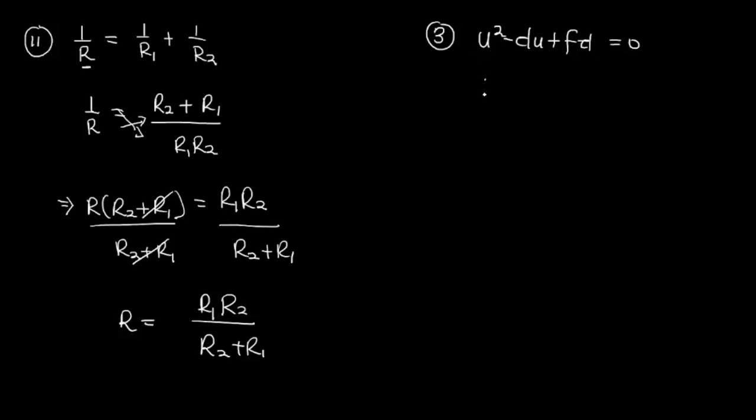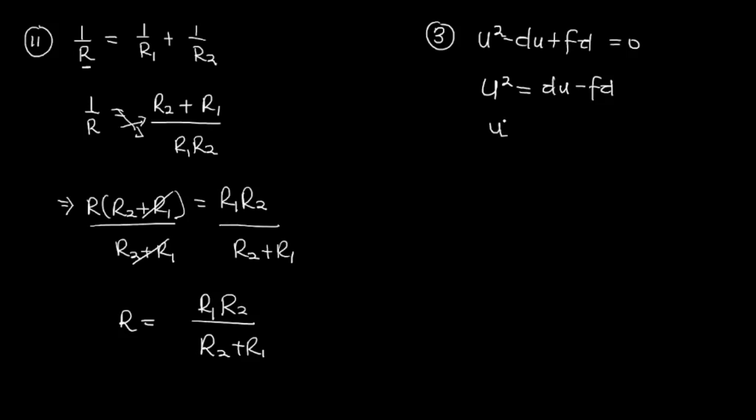So I'm going to maintain my u squared here to be equal to, then I send the other components of the equation that have d attached to them to the other side of the equal sign. So I send the negative du here, it becomes positive du. Then I send the positive fd, it becomes minus fd.